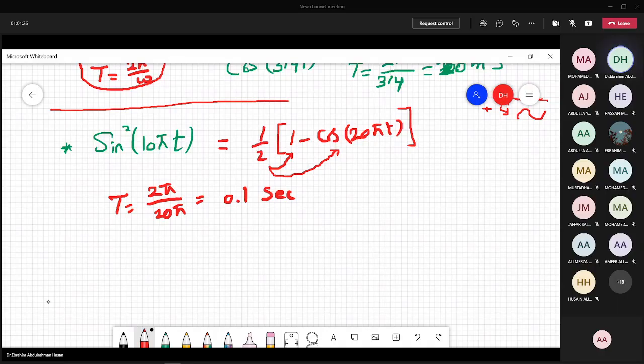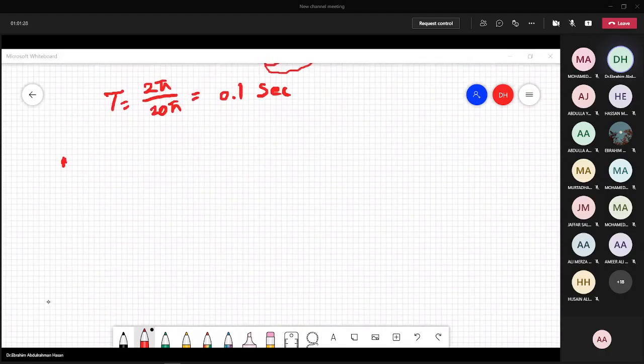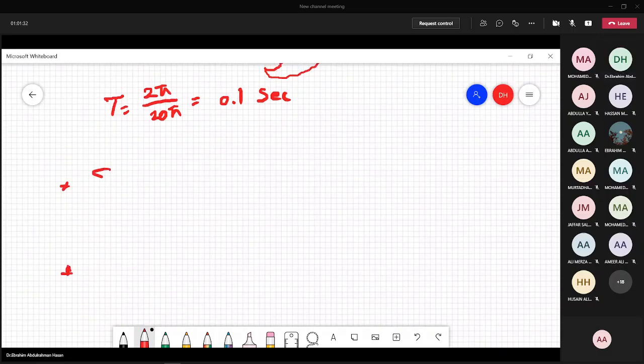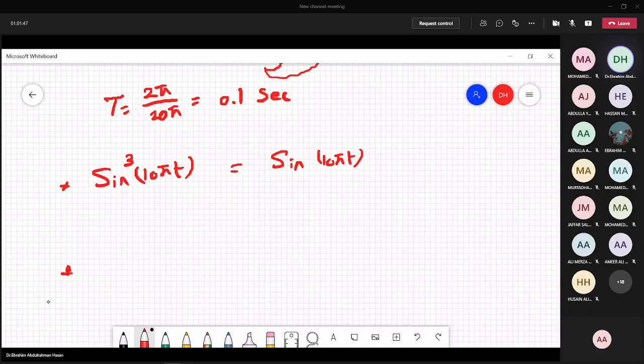How to solve this sine? Sine cube 10 pi t. You complete it, but it is equal to sine 10 pi t multiplied by sine square, and sine square is equal to half times 1 minus cosine 20 pi t.